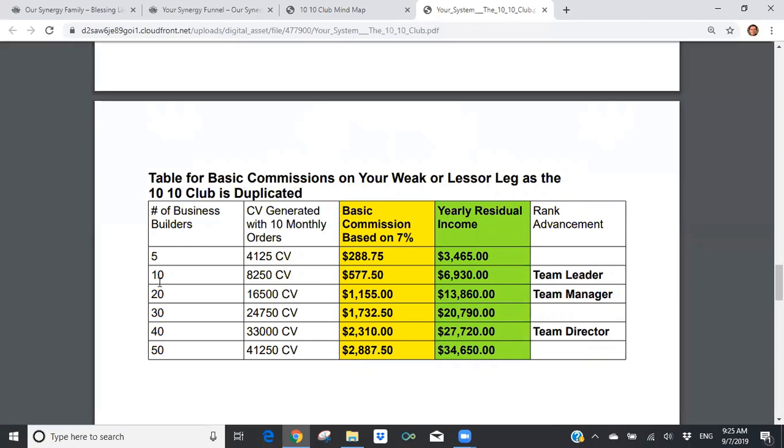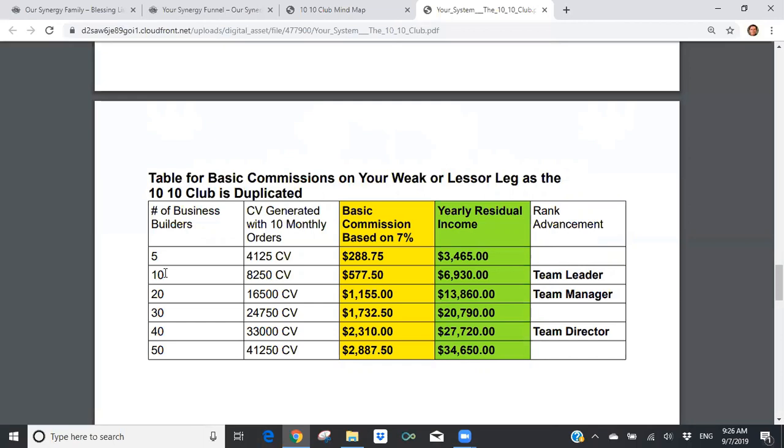And as you can see, if I've got 10 business builders, whether I've sponsored them or not, with their customer base, I'm now up to a little over 8,000 CV volume, not quite $600 in basic commission, almost $7,000 in residual income.